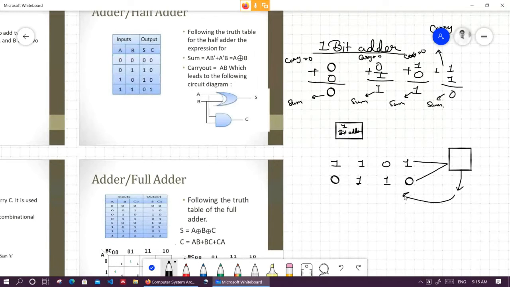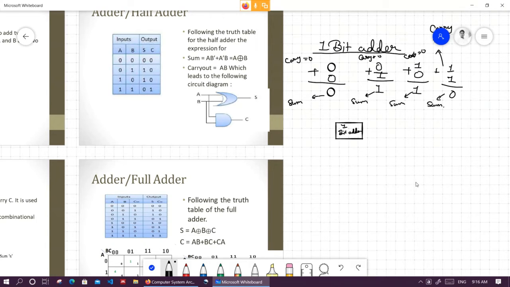The sum will be stored at this point and the carry will be stored at this point, and then take the other 2 bits and find the sum, and in this way you store the results. Fine. In this way we can create a multi-bit adder, and the circuit we are designing is for 1-bit. So for a multi-bit adder we need more than one adder.